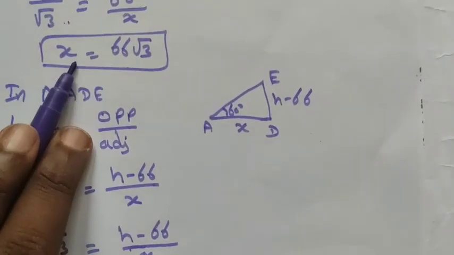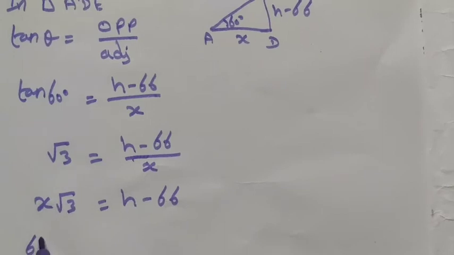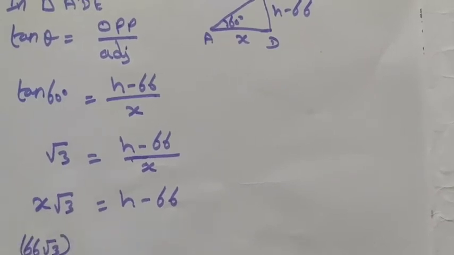We have found that x is 66 root 3. In place of x, 66 root 3 into root 3 is equal to H minus 66.